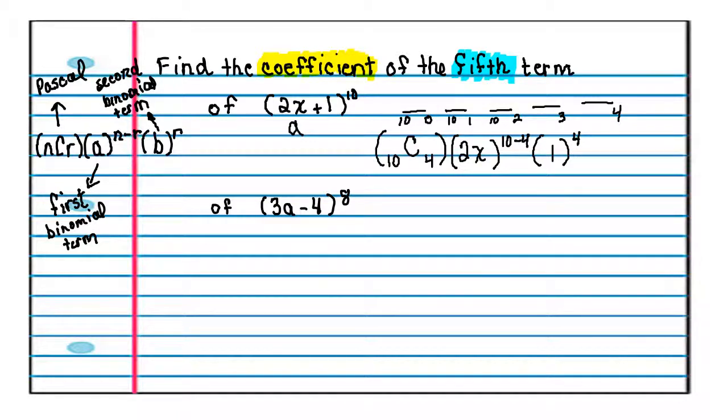Okay. Taking my handy dandy little calculator, I find that 10C4 is 210. And we're going to do 2 to the 6th power, which is 32 times 2 is 64 times 2 is 128.